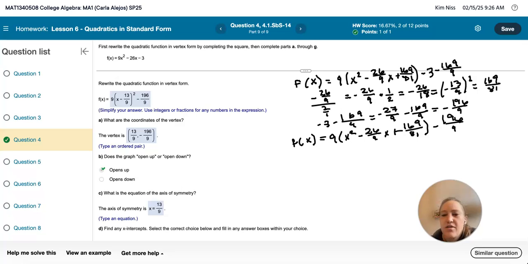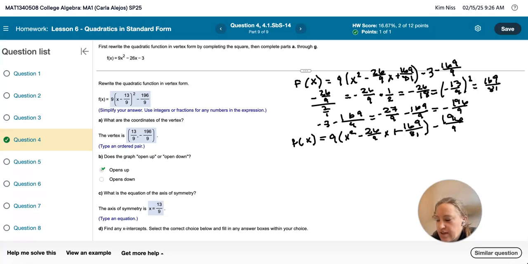Okay, so now it's a matter of factoring this whole section, the x squared minus 26 over 9x plus 169 over 81. So it's just a matter of factoring that.